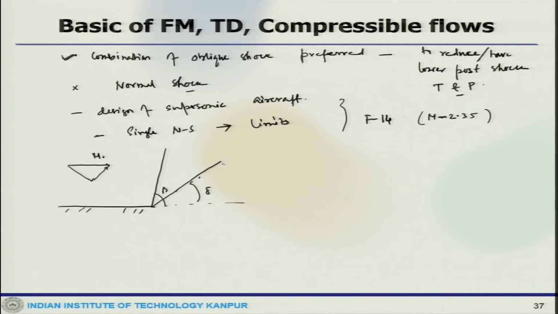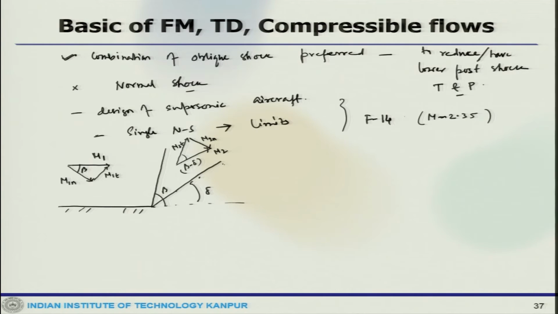This is Mach number M1, this is beta, this is M1n, M1t, the normal component and the tangential component of the Mach number. Then here we will have the velocity triangle like this. This is M2, this angle is beta minus delta, this is M2t, this is M2n.